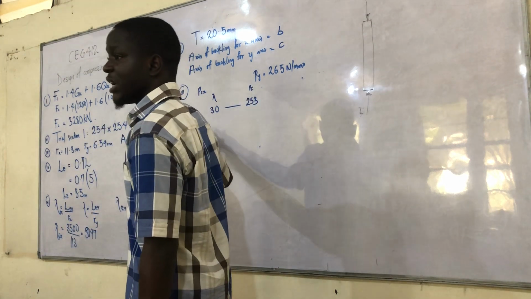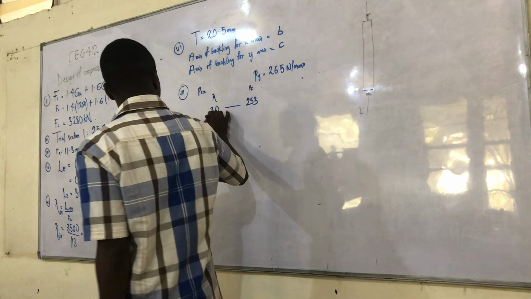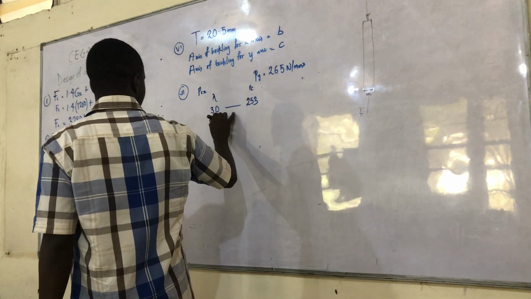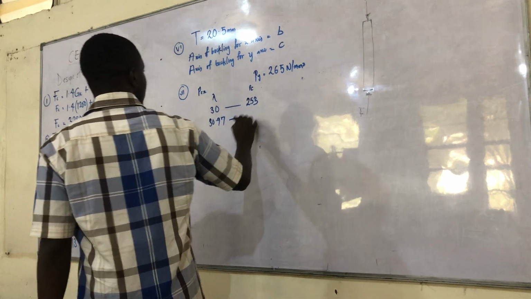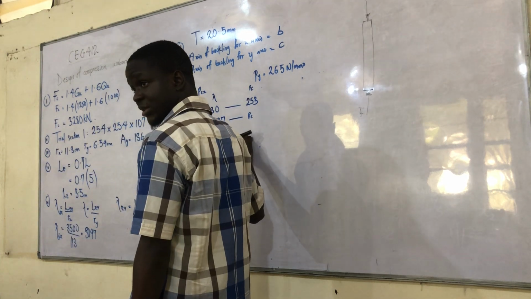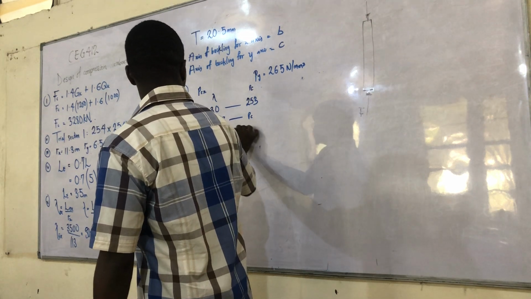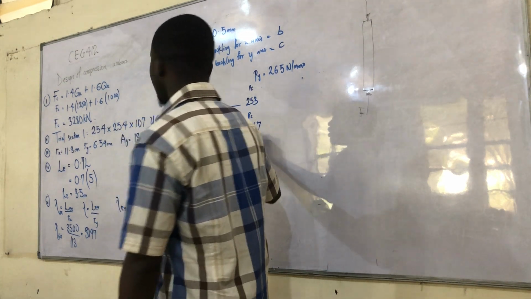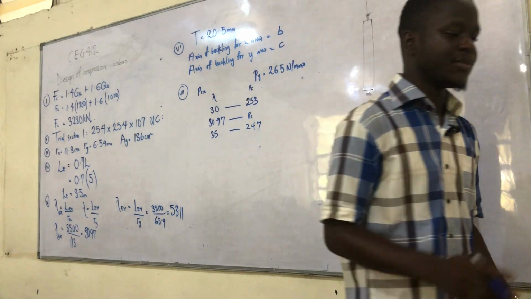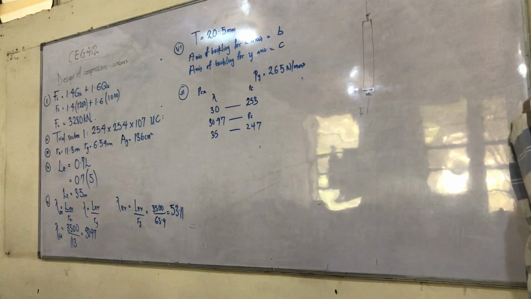Now, what's the actual thing we are looking for? 30 point what? That's what will be in the middle. So this is the PC that we are looking for, right? Now, 35. So now, interpolate to get your PC.